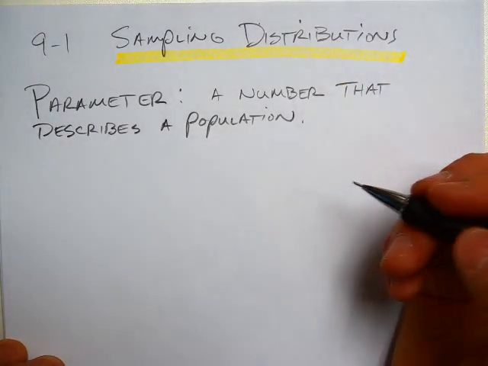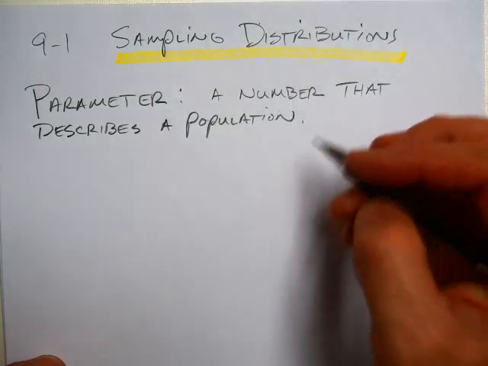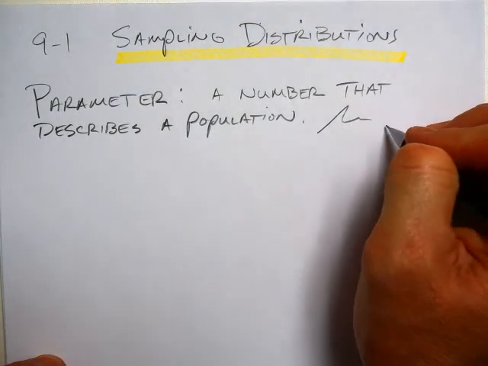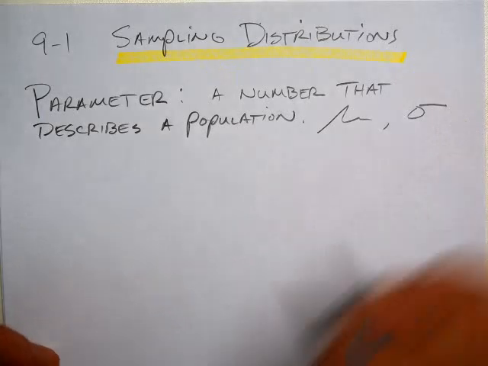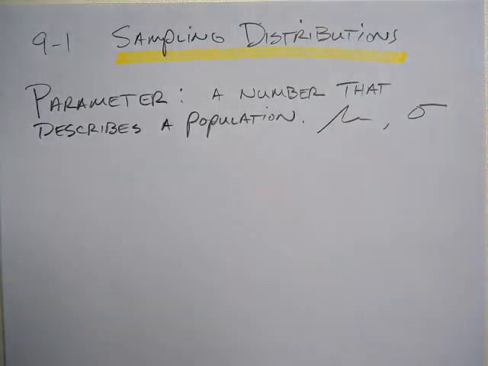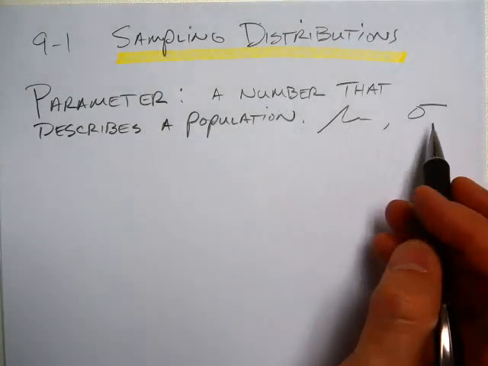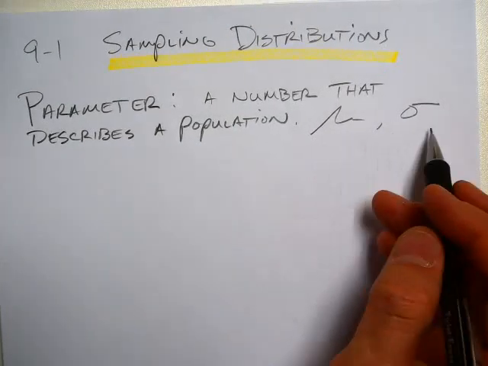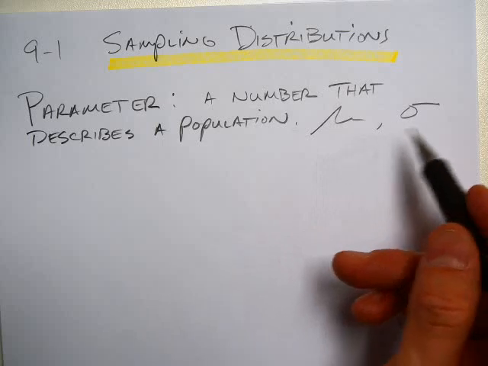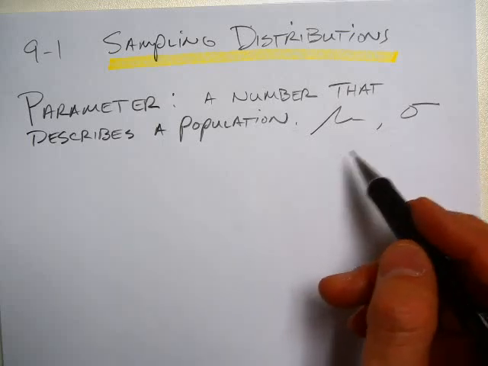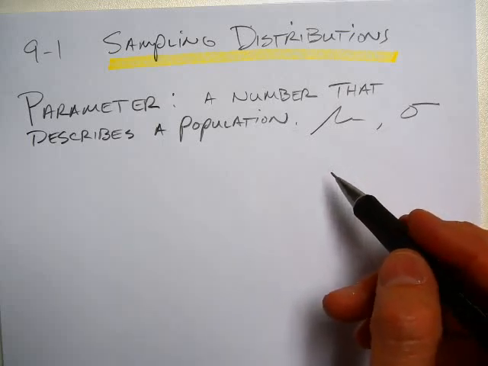A couple of the things that we've been using that are parameters are mu and sigma, right? Mu being the mean of a population, and sigma being the standard deviation of a population. Usually, these are not things we can discover. They're unknowable unless they're given. Usually, parameters are given, okay?